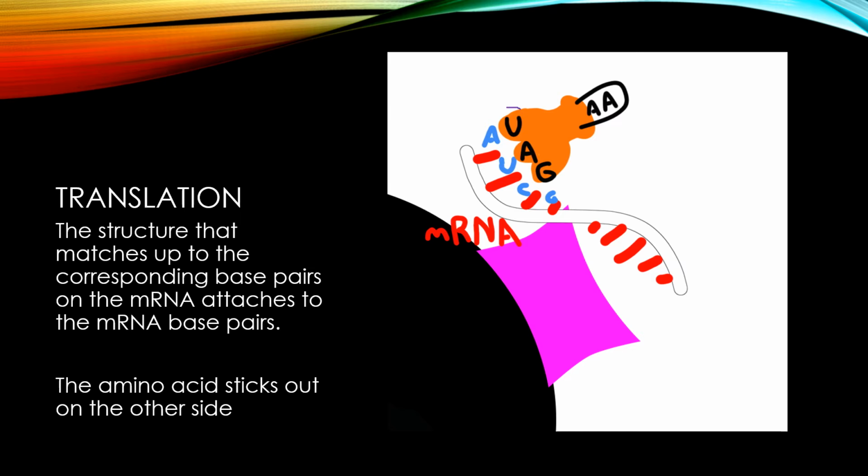The one that's supposed to match up to the mRNA, as you can see here, the mRNA has A, U, and C. So these complementary base pairs that match up to that mRNA, the U, A, and G, this structure attaches itself to the mRNA. All the other structures float off. So the correct structure comes along and attaches itself to the mRNA, leaving this amino acid sticking out.